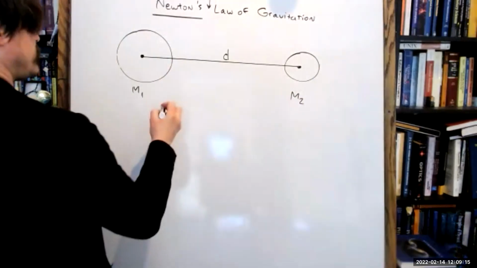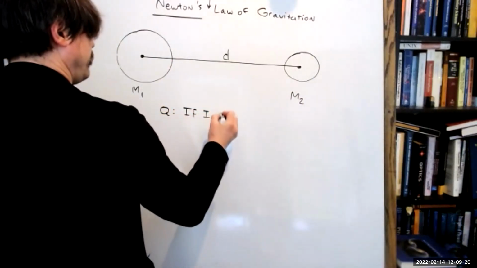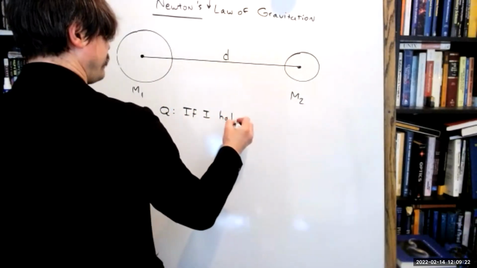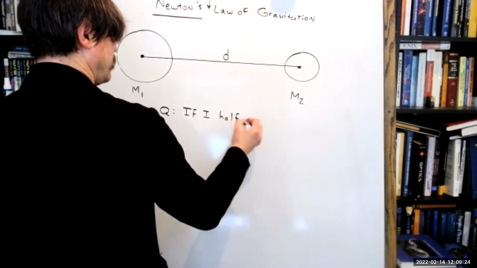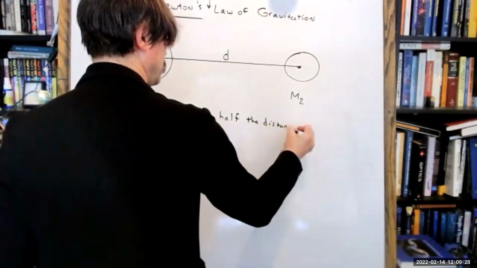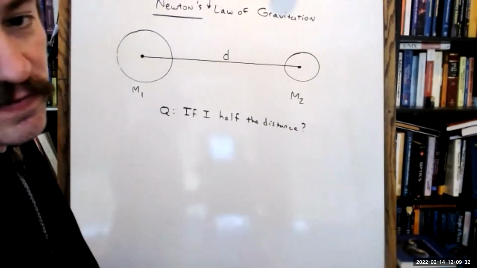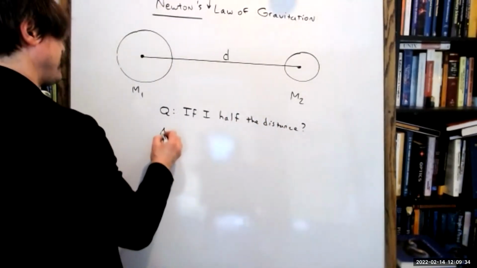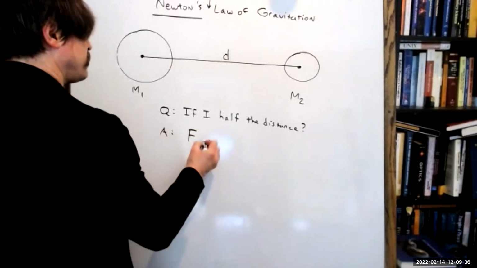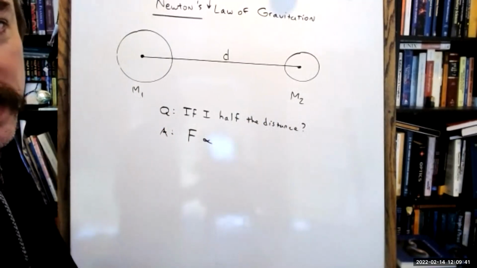Okay, let's try a third example. If I have the distance, what would happen to the force? What is force proportional to here? Let's write it symbolically with variables first.